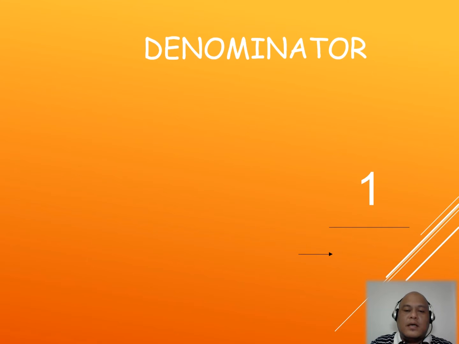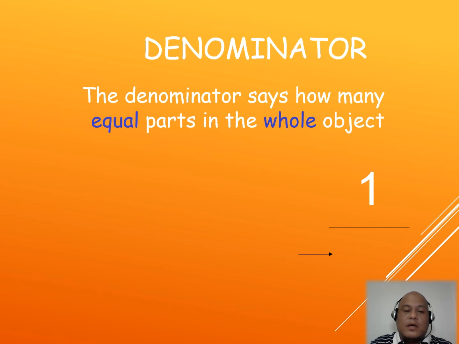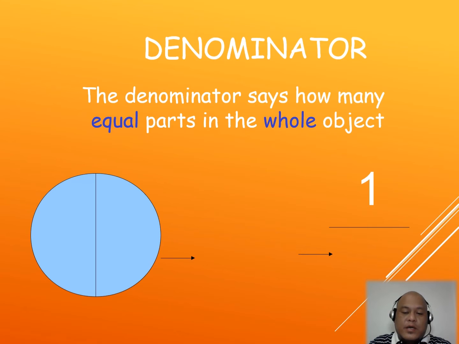Let's study denominator. What is denominator? The denominator says how many equal parts in the whole object. For example, we have here a circle, and this circle is divided into 2 equal parts. So meaning we can write 2 as the denominator.